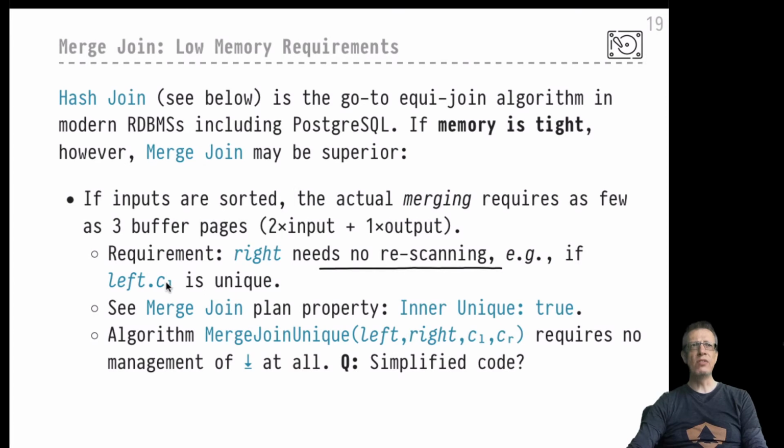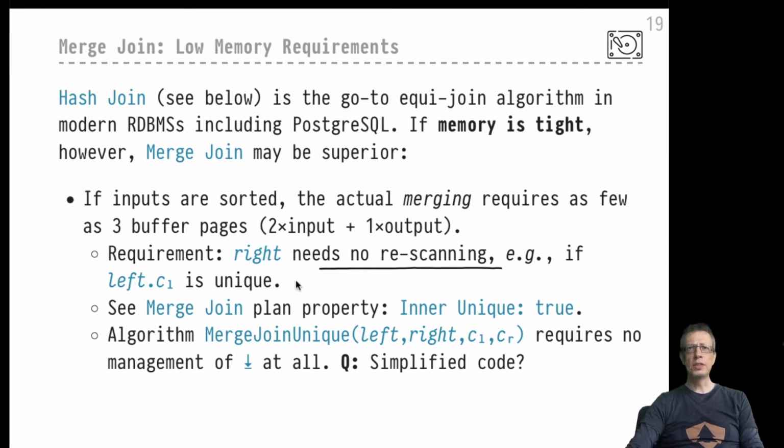Unique CL values means there are no repeating groups in the left-hand input table, and it's exactly these repeating groups that led to the need for rescanning in the right-hand side input. So if the left input is indeed unique, no rescanning, then low memory requirements. We don't need working space in the database buffer to hold pages of the right-hand side table ready for rescanning.